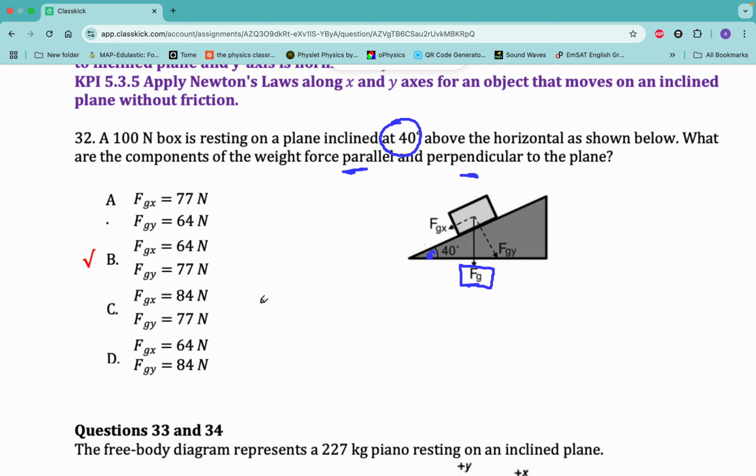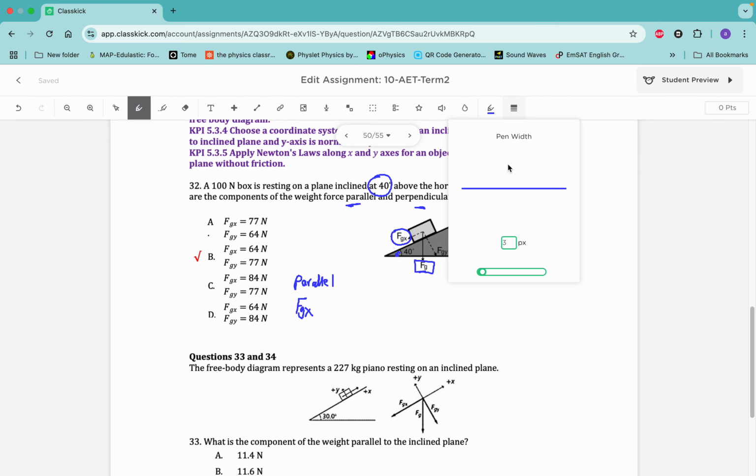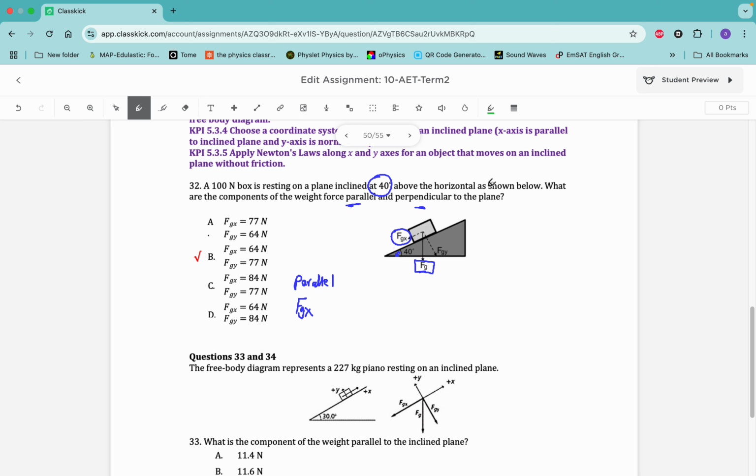Which component is considered the parallel? The parallel component is the Fgx, as we can see here. Fgx is considered the parallel component, while the perpendicular component is Fgy, which is this.